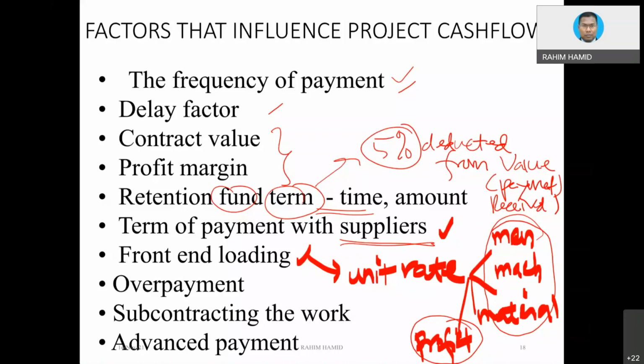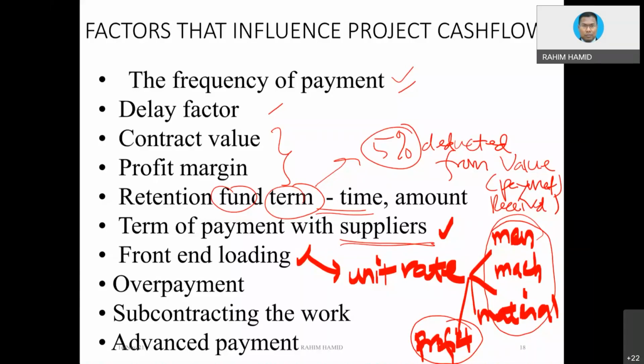Maybe certain items they would profit 10%, certain items might be 15%, certain items might be 50%. It depends. So a similar situation happens in construction work. Normally the QS would know how to spread those profits.